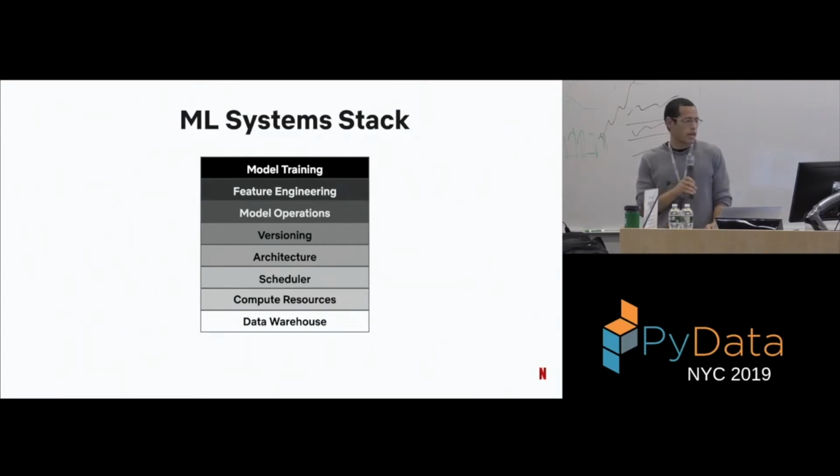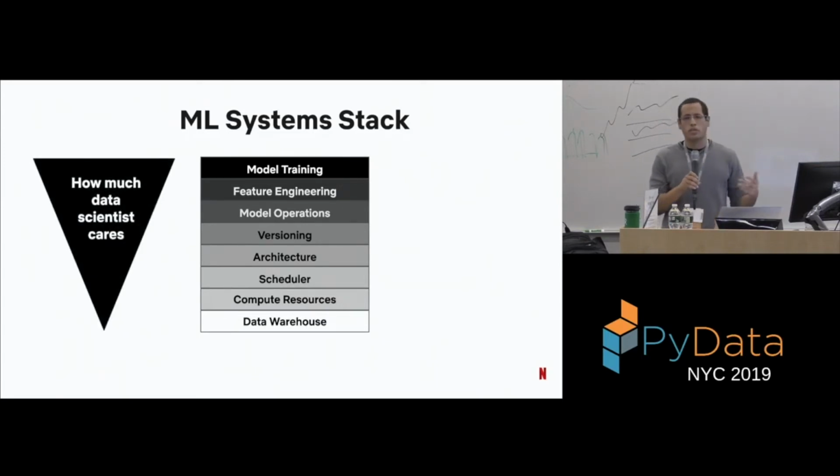As you move down the stack, it becomes less relevant to data scientists, right? For example, I've never had a conversation with a data scientist who cared about whether his model training ran on a compute cluster using Kubernetes and Mesos, right? I've never had that conversation.